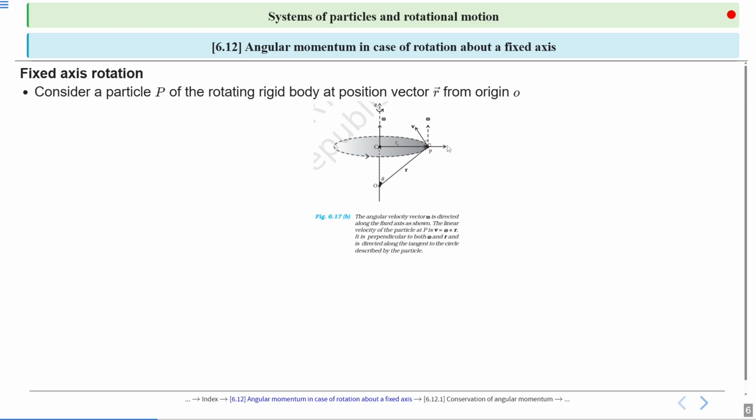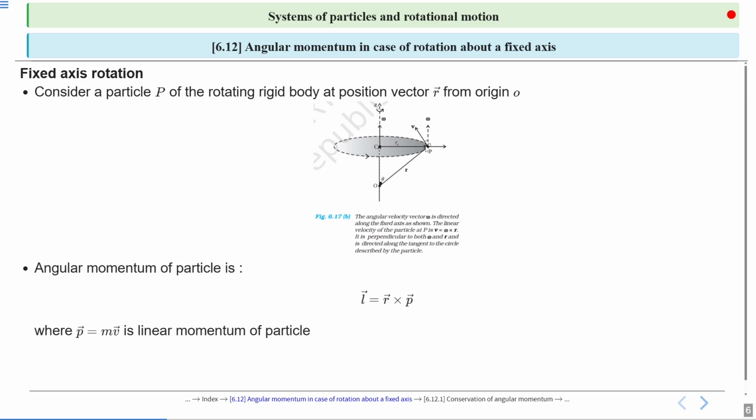Their linear momentum p is equal to mass into velocity, and the angular momentum of the particle is L is equal to r cross p. If we talk about the single particle, their angular momentum is r cross p at point P, where p is equal to mass into velocity, the linear momentum of the particle.